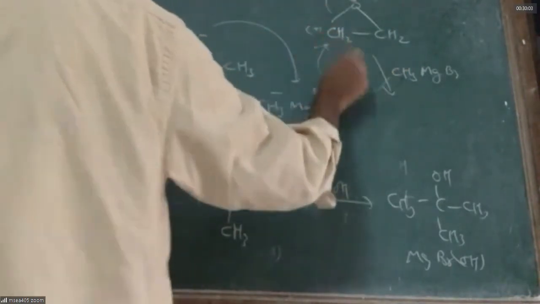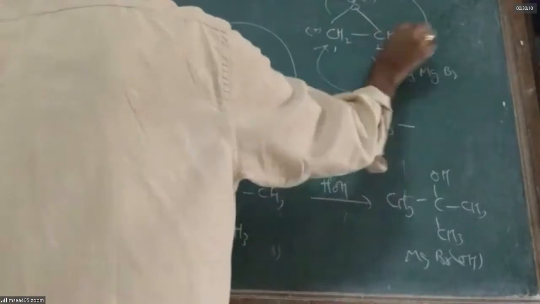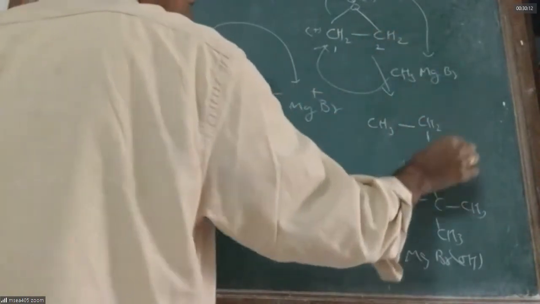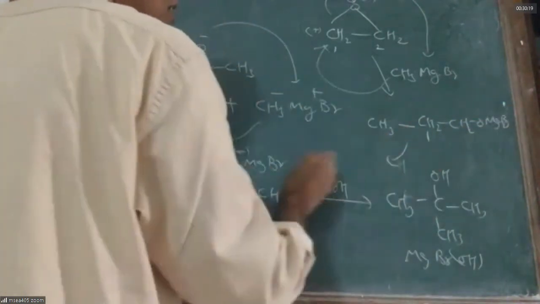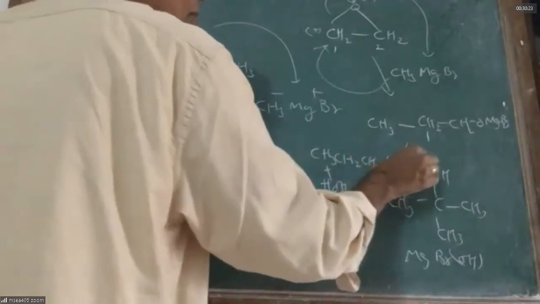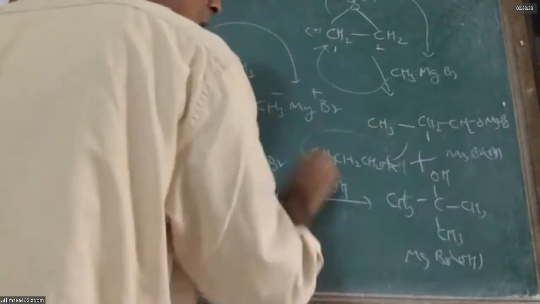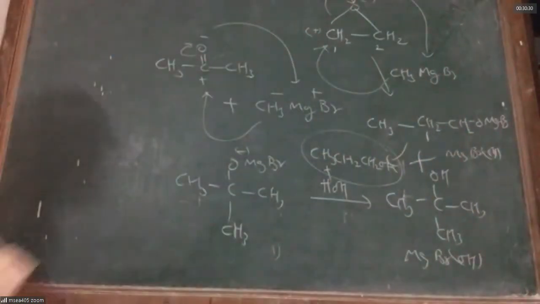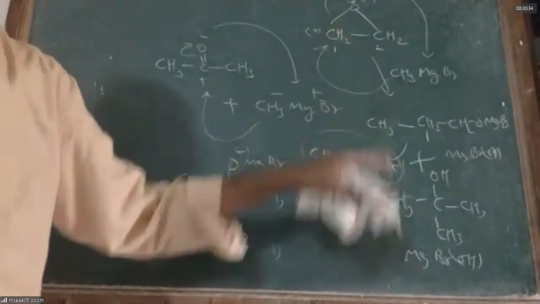So as a result, you can see CH3 is attacking this carbon number 1, and the O is combined with MgBr. This on hydrolysis can give 1-propanol, CH3CH2CH2OH plus magnesium bromide. It means that primary alcohol can also be prepared by the reaction of Grignard with the cyclic ethers called epoxides.